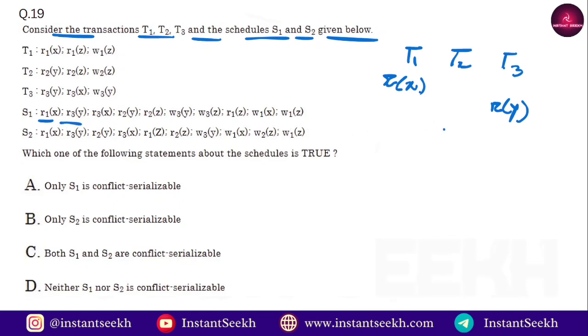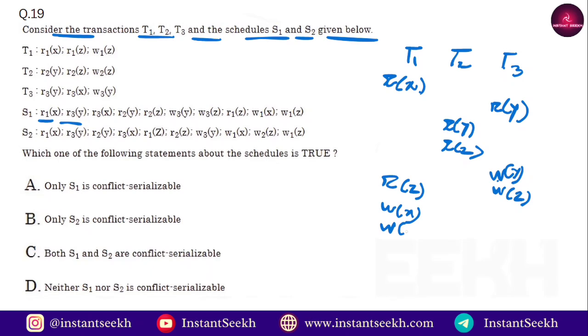Then T2 reads X, Y, and Z. Then we have transaction 3 writing, then transaction 1 has R1Z, and then we have W1X, W2Z and W1Z.